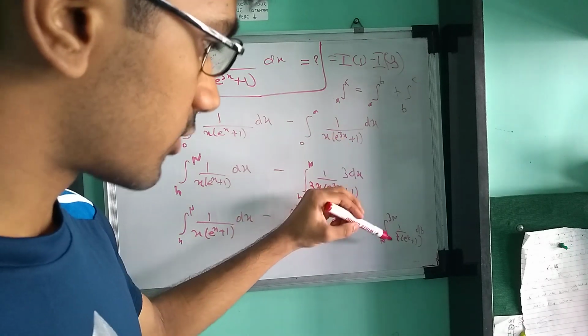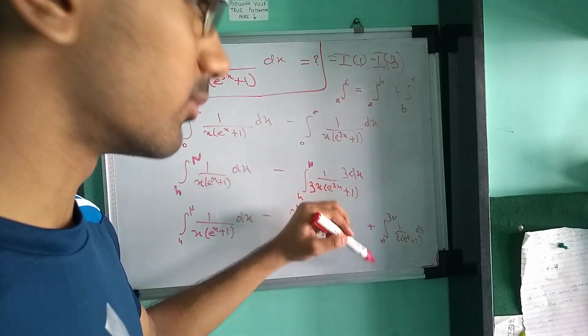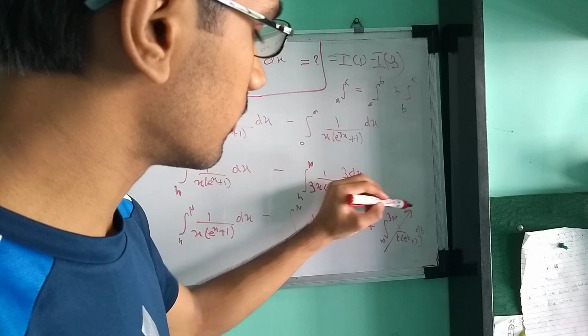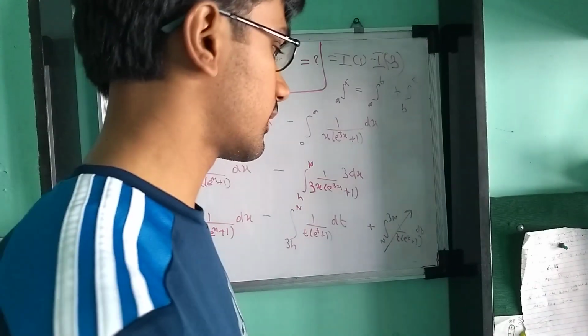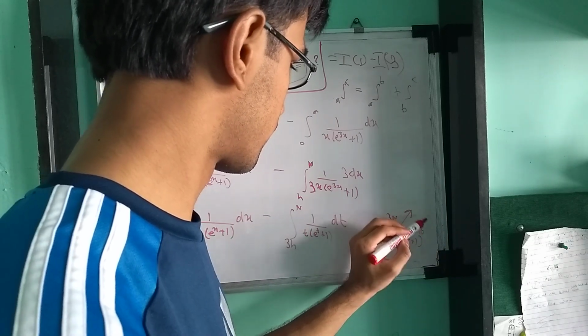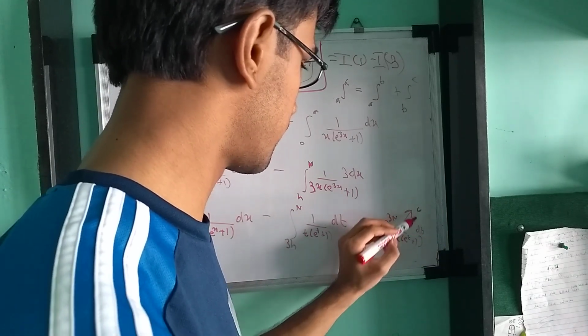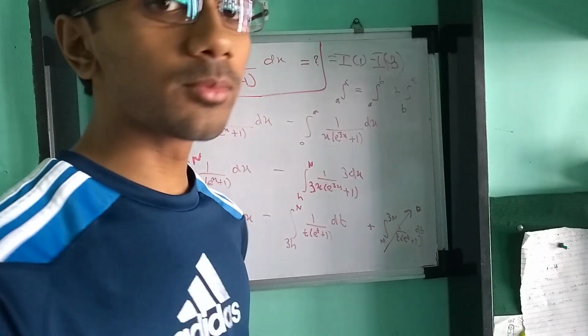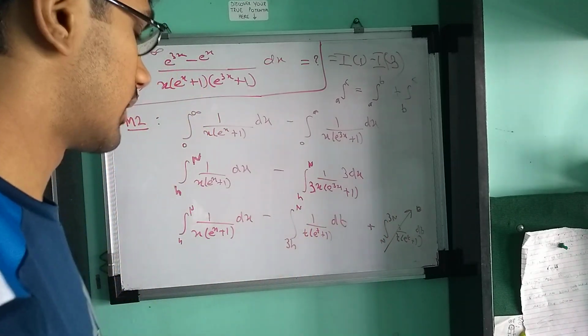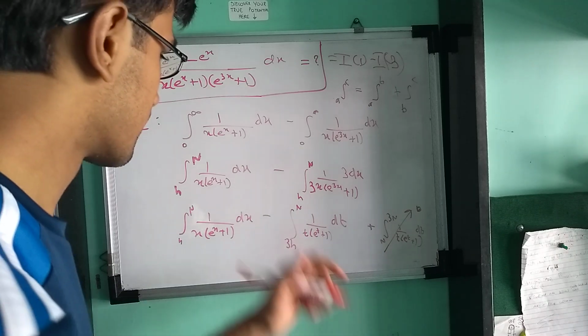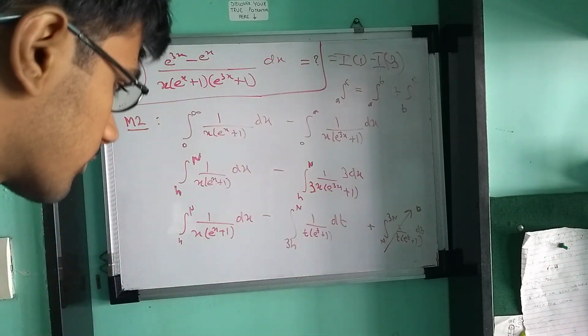I'll just say that this integral is 0 because e to the power n is much bigger than n. So this is 0 approximately. If you want to prove it more rigorously, feel free to try, but I don't think it's worth dwelling too much time on. So, okay, that is 0.